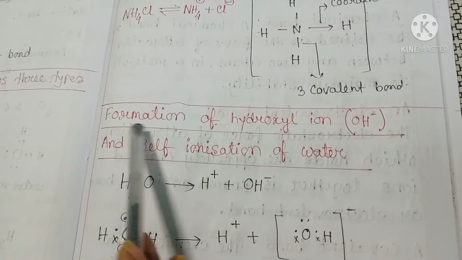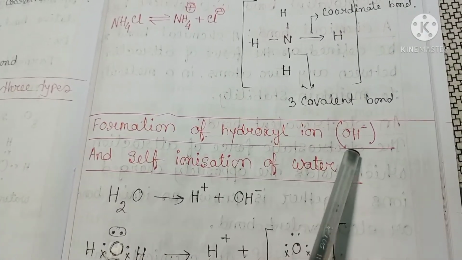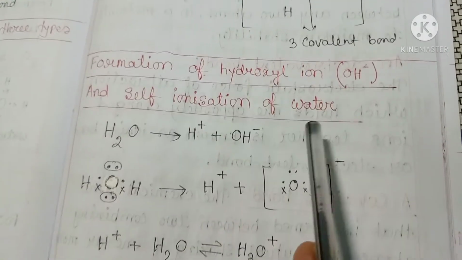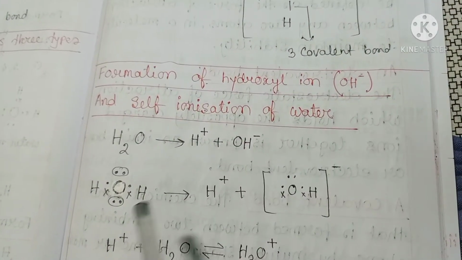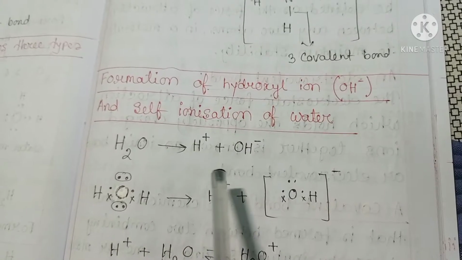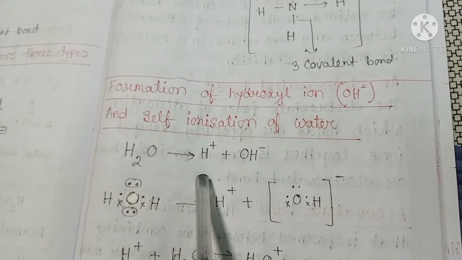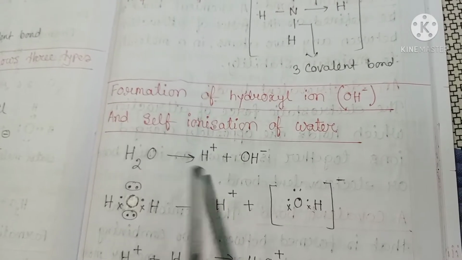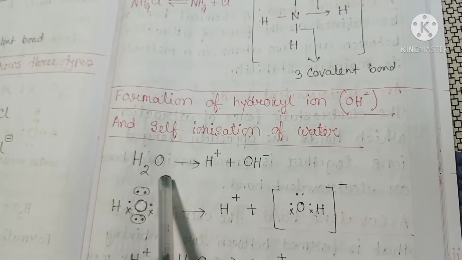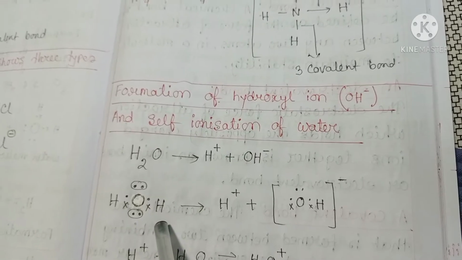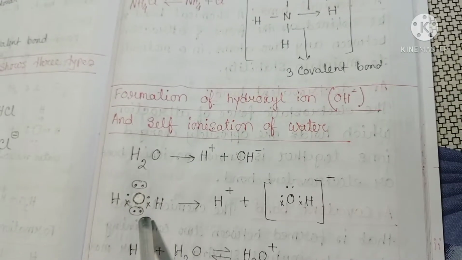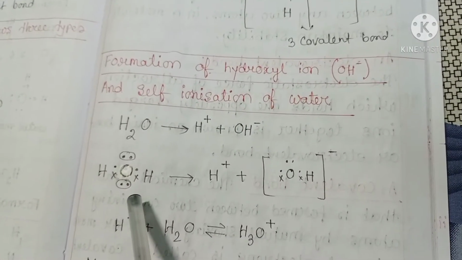Now I will discuss the formation of hydroxyl ion and self-ionization of water. The hydroxyl ion is formed when a hydrogen ion is removed from a water molecule. See the structure of the water molecule. I have already discussed the formation of the water molecule.